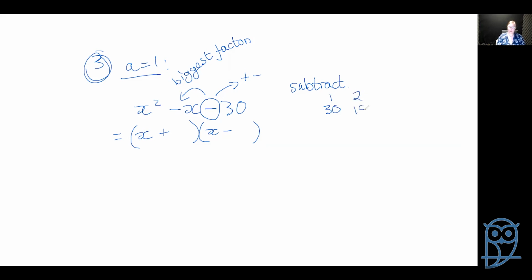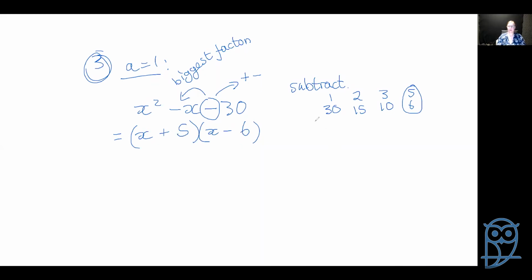So 2 and 15, subtract them, we're going to get 13. 3 and 10, that's going to give 7. And then 5 and 6, if we subtract them, gives us 1. So this is the one that we're going to use. This is a minus, so we know our biggest factor goes with the minus. So that's our 6, and this is our 5.